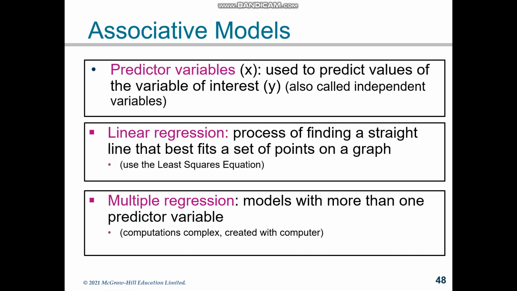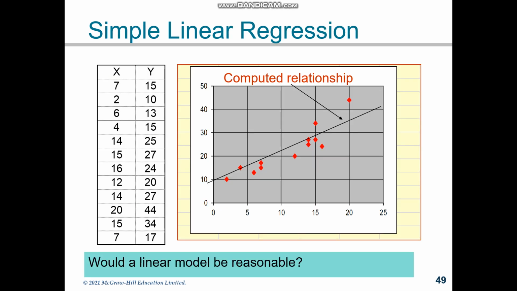The process that we need to follow for associative models is similar to what we learned in the classroom for a linear trend. And we can use Excel to find the relationship between these two. In the linear trend models, variable x was the number of periods, the period number, and y was the amount of demand in that period.